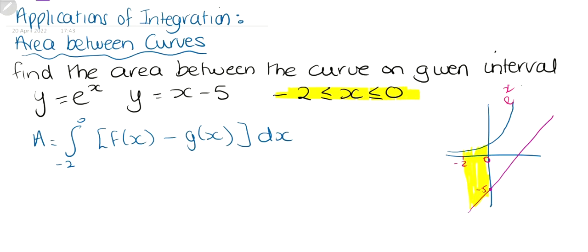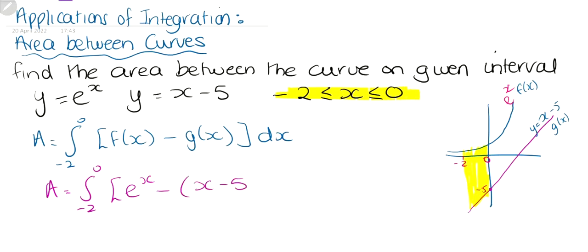So this is our f(x), and x - 5 is our g(x) function. From -2 to 0, our upper function is e^x, so we want e^x minus, and then our second function, x - 5.